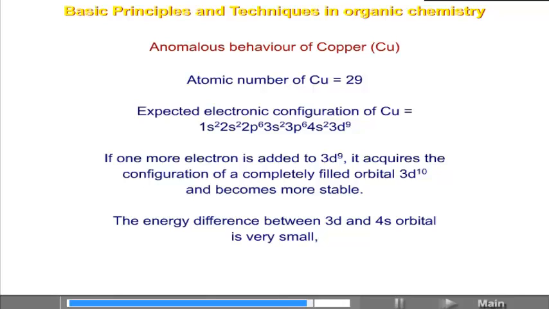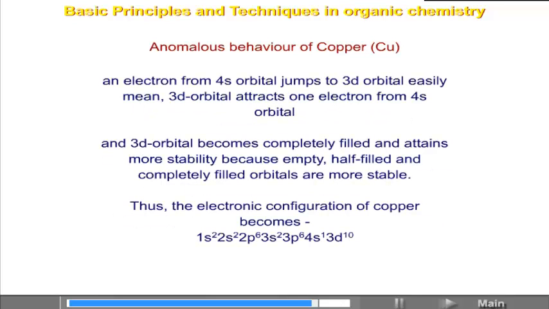The energy difference between 3d and 4s orbitals is very small. An electron from the 4s orbital jumps to the 3d orbital easily, meaning the 3d orbital attracts one electron from the 4s orbital and becomes completely filled and attains more stability, because empty, half-filled and completely filled orbitals are more stable.